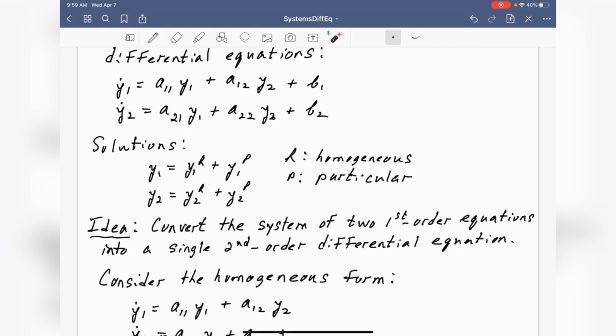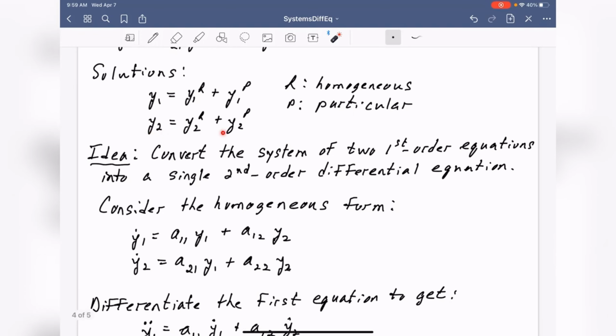In the past, I've used an n to denote non-homogeneous. Here I've used a p to denote particular solution. We do the same thing with y2, and the idea is to convert the system of two first-order differential equations into a single second-order differential equation. That's the idea behind the substitution method.